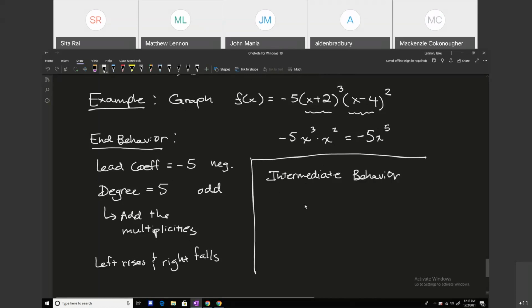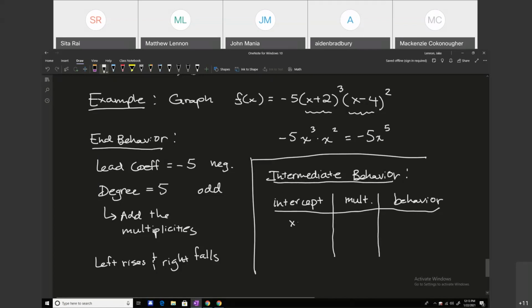We'll just make a little chart here. We have the intercept, the multiplicity, and then the behavior. So we have two intercepts from the factors, right? X plus 2 has an intercept of x equals -2, and x minus 4 has an intercept of x equals 4, because -2 plus 2 is 0, and 4 minus 4 is 0.